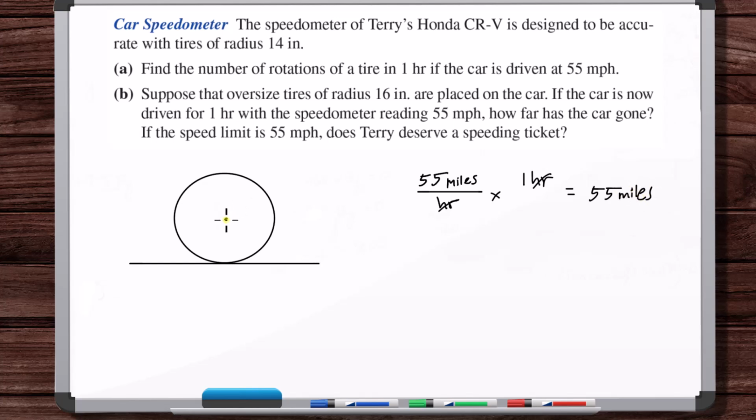The radius of the tire is 14 inches. So if the car drove 55 miles, how much circumference of tire is that? So we need to convert 55 miles to inches.